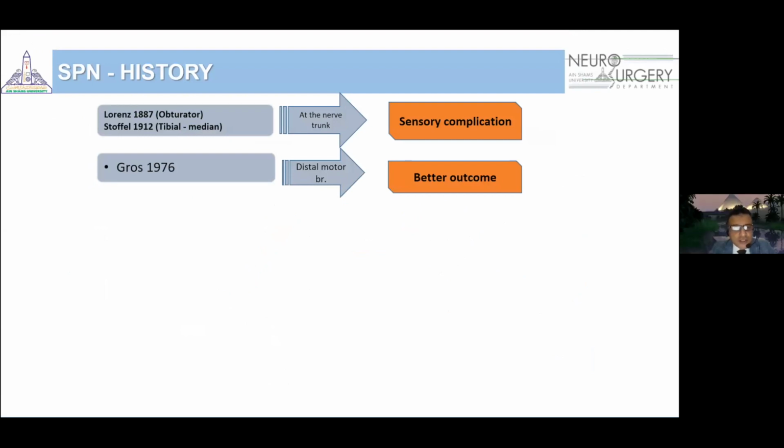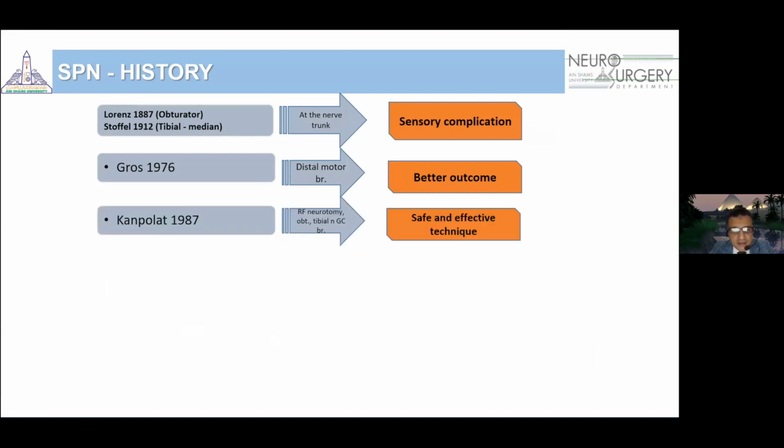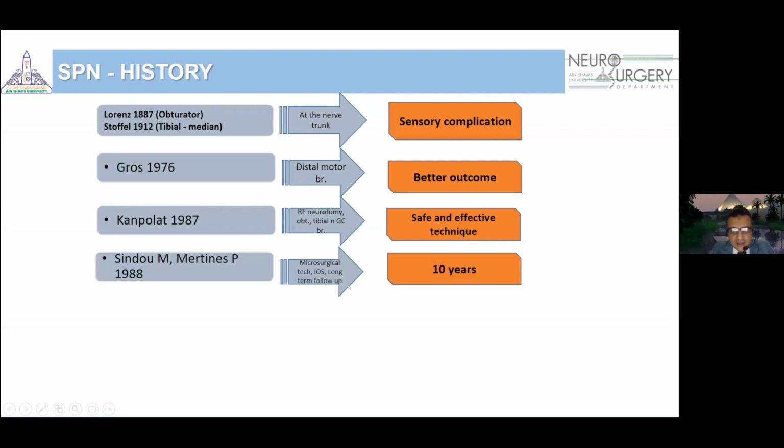Regarding another technique, selective peripheral neurotomy, it was introduced to the literature by Lawrence in 1887. It was an obturator neurectomy for patients with spinal cord injury. Then the technique was developed to achieve better outcomes, using selective microsurgical techniques under stimulation and monitoring.